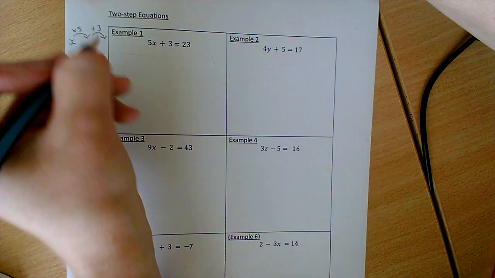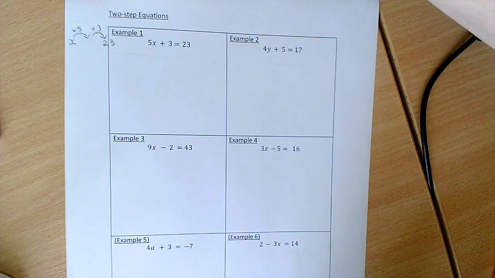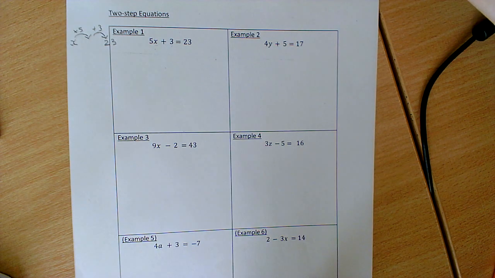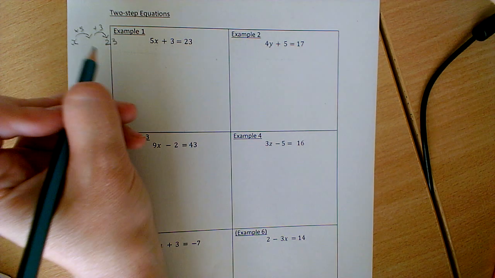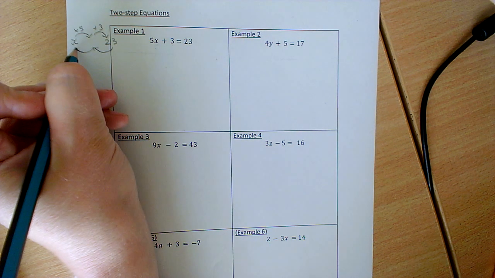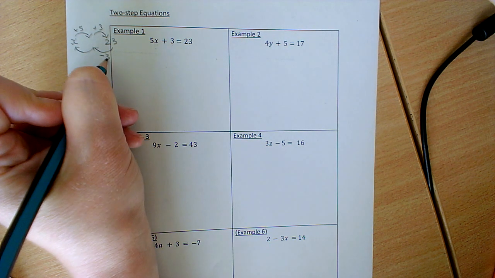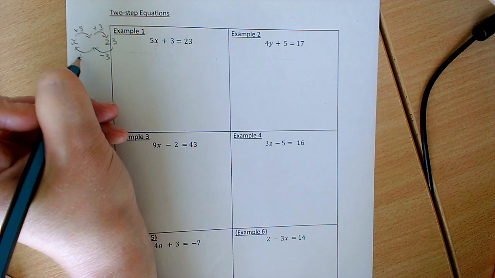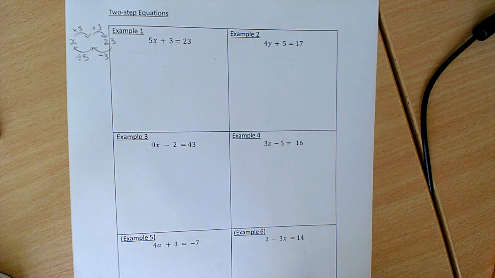And after we add 3, we get our answer of 23. So if we want to work backwards, we take 23 and we're going to be subtracting 3 and then dividing by 5. Now that is the order of the steps that we are going to use.